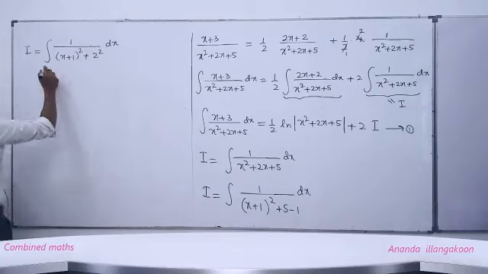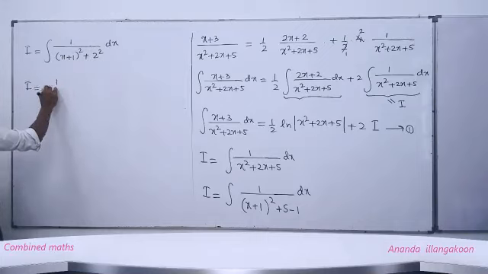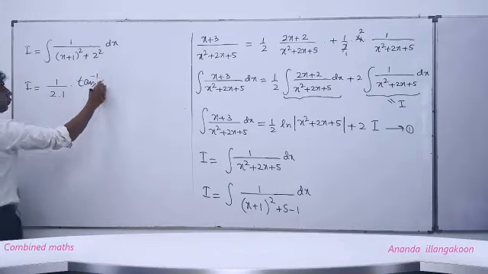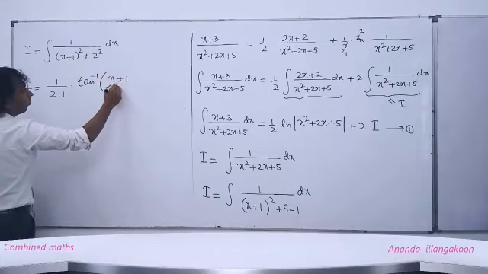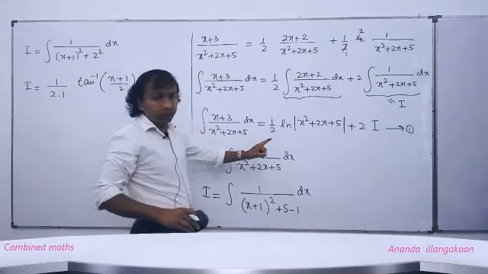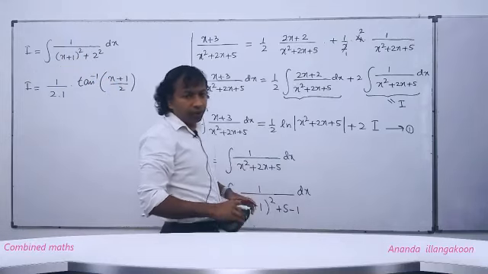This is now, people, what? Tan inverse, right? 1 upon this 2 into x coefficient 1. Tan inverse this divided by 2, x plus 1 divided by 2. Now this answer we have to put where? In number 1.